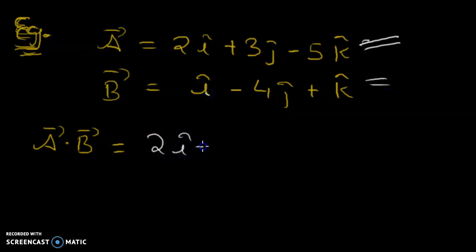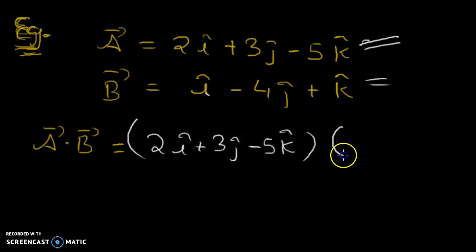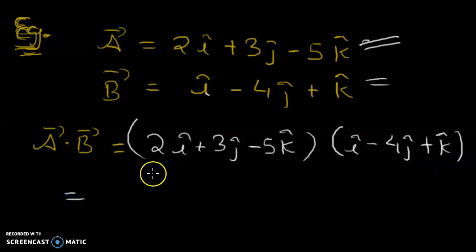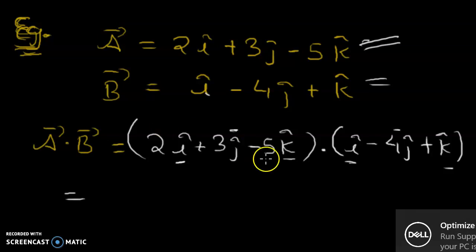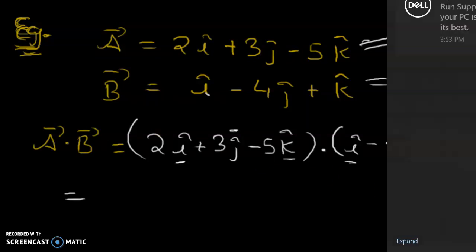So it would be, I'm writing this, so you just need to multiply. If this is a dot product, it is i cap with i cap, j cap with j cap, k cap with k cap. Actually you're multiplying every variable with every variable, but when you multiply i cap with j cap, the answer is 0, so you don't need to bother about that.